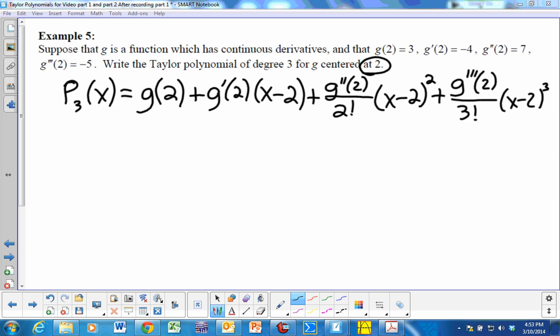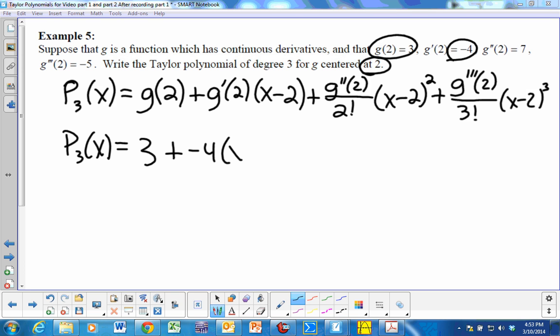So here they've given us all the numbers and everything we need, so all we have to do is fill it in. Our desired polynomial here is g of 2, and they tell us right here that g of 2 is 3, so we put 3. g prime at 2 is negative 4, so this is negative 4 times x minus 2.